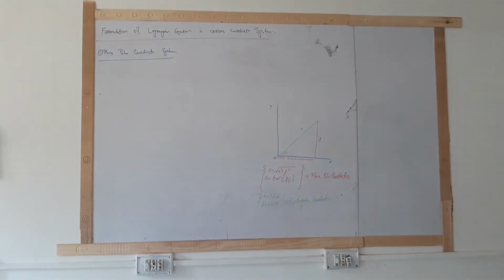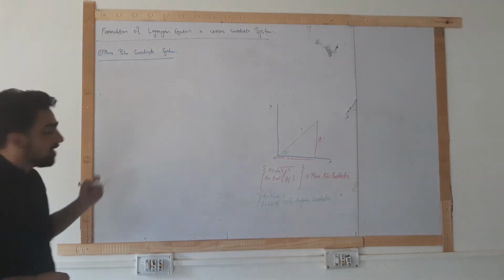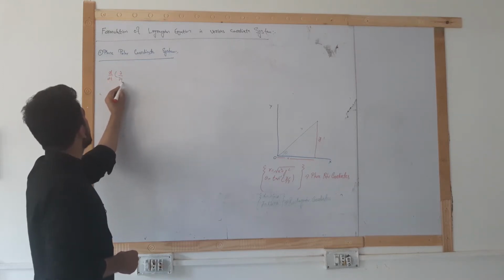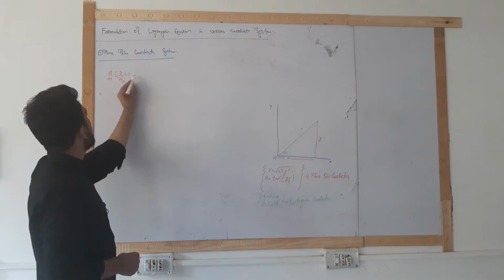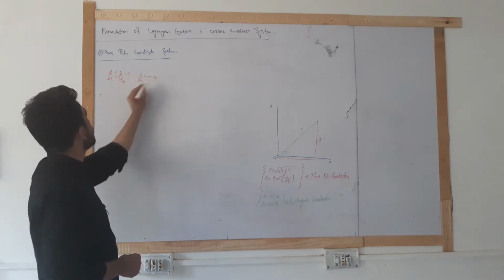So let us transform our Lagrangian equation into the plane polar coordinate system. We have d by dt of partial L by partial q_j dot minus partial L by partial q_j equal to 0.